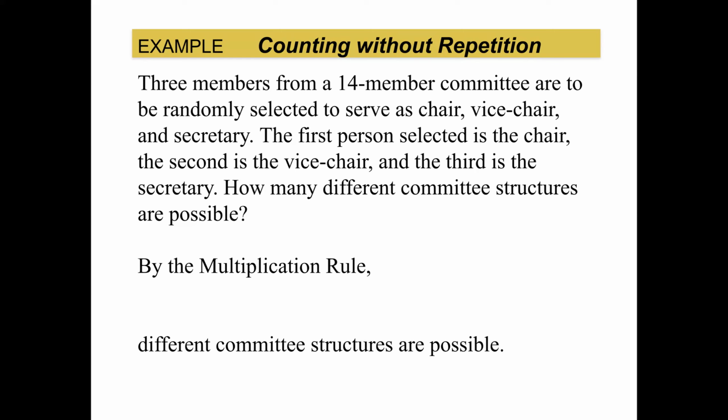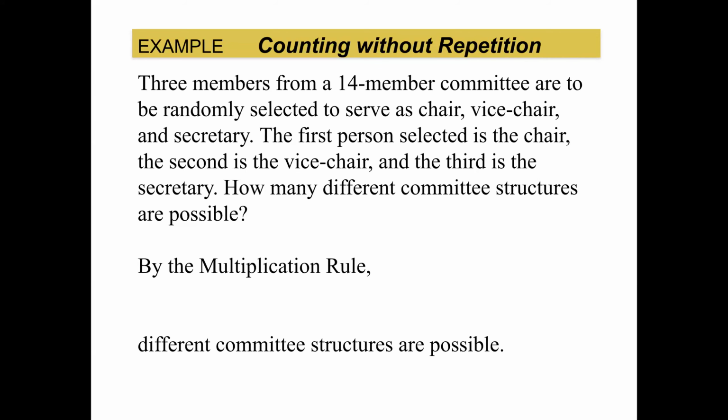The first person selected would be the chair, but they can't be rechosen as the vice chair or secretary, right? So once you choose the chair, this is the idea of without repetition. Once you choose the chair from the 14 people, you only have 13 people left to choose the vice chair, and then 12 left to choose the secretary.